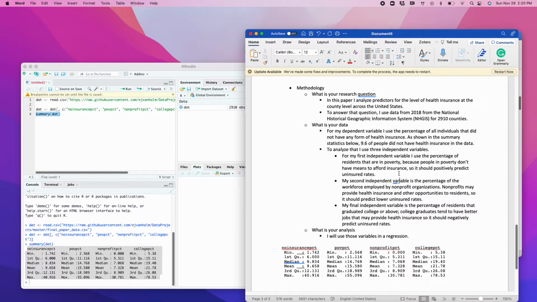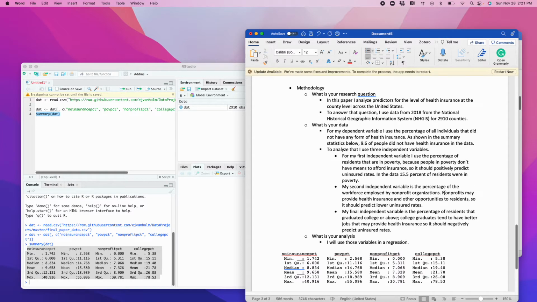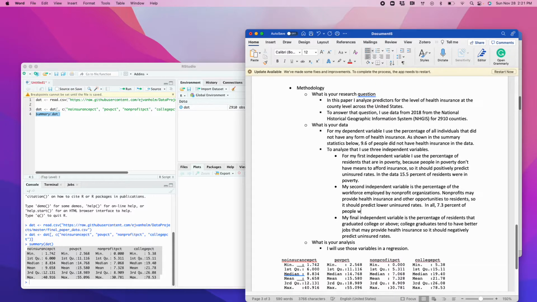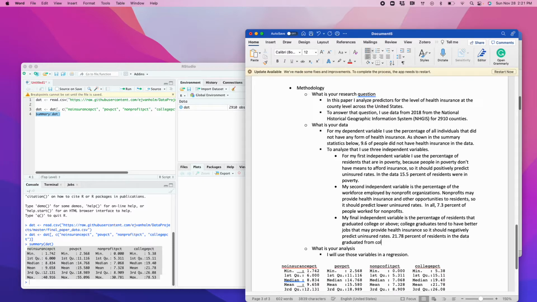I might go back and say in the data 15.5% of residents were in poverty. In all, 7.3% of people worked for nonprofits. 0.78% of residents graduated from college or above.